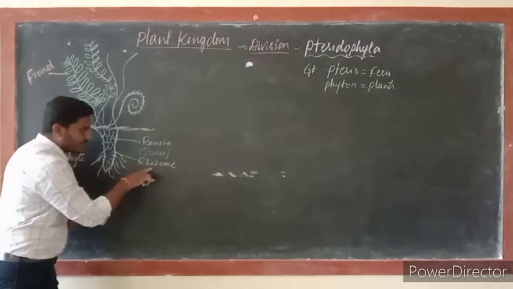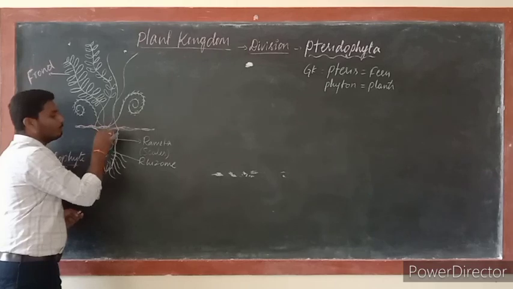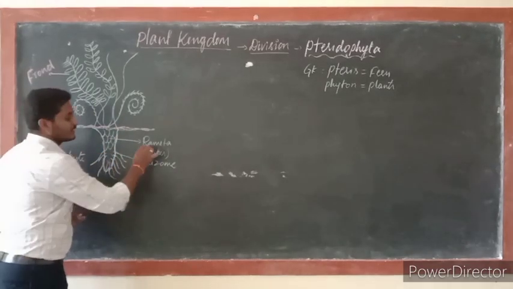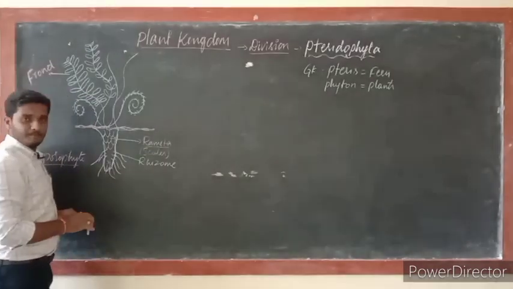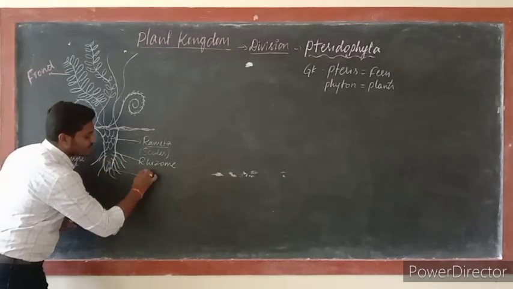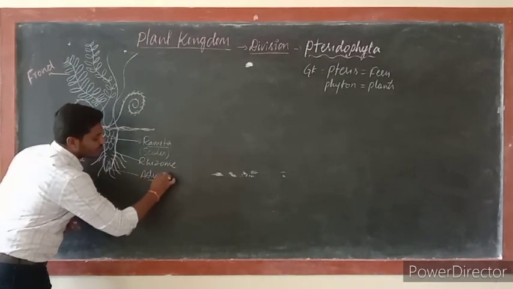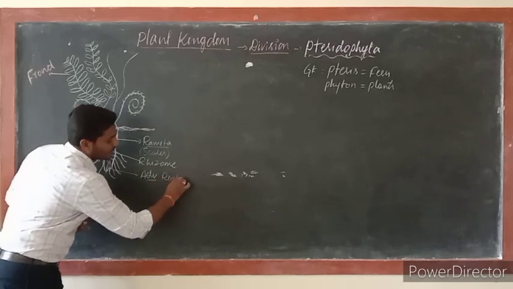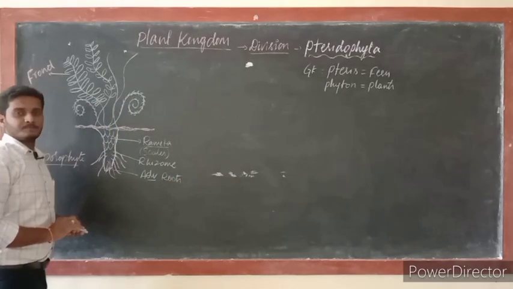On the surface of the rhizome, there are minute brown colored scales, the ramenta. And the rhizome produces minute hair-like structures called adventitious roots.